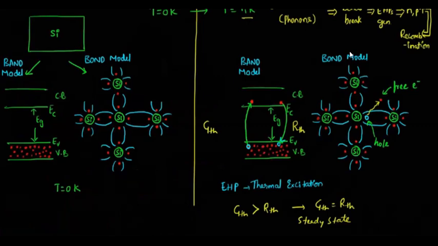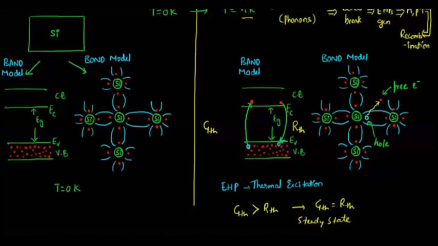So this was the thermal equilibrium which I talked about. If we increase the temperature, what will happen? Will the electrons keep shifting from the valence band to the conduction band? No, it doesn't happen like that, because after a certain temperature the reverse process will start, and the electrons in the conduction band will recombine with the holes.